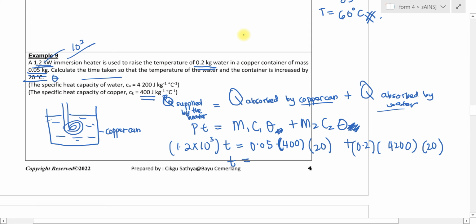You have to add, you know. In the middle you have to add. Oh, wait. I'll go back. Yeah, correct. 17,200 joule. Then you divide by 1.2 times 10 to the power of 3.